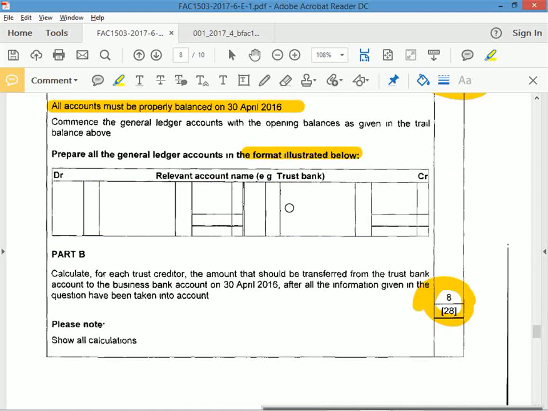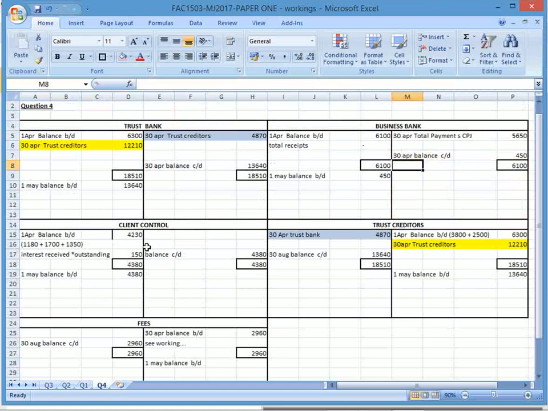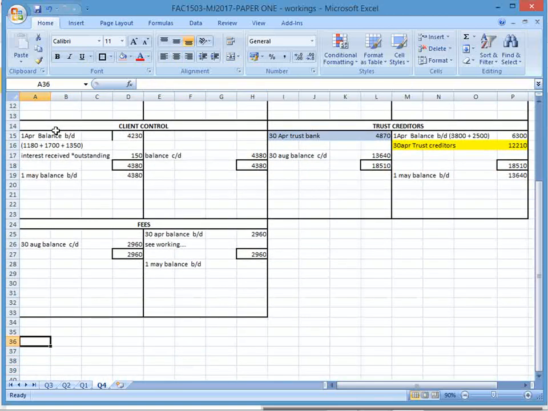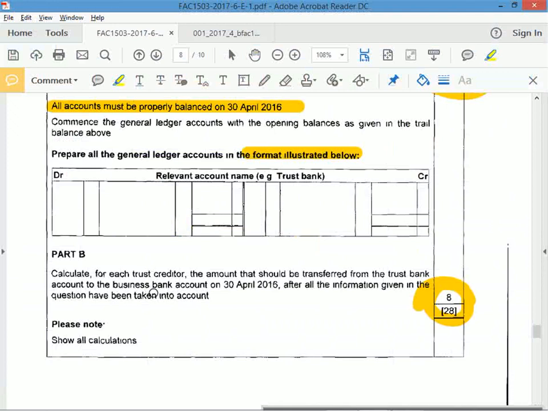Right, now we need to get 8 more marks. This is part A. Then we're going to have part B. Part B: Calculate for each trust creditor the amount that should be transferred from the trust bank account to the business bank account after all the information in the above has been taken into account.